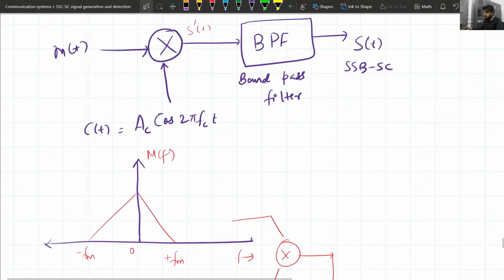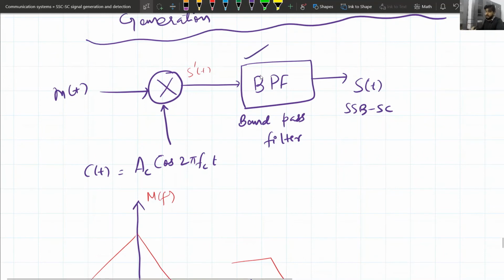Now, what we are doing after the multiplication, we are passing it through a band pass filter.